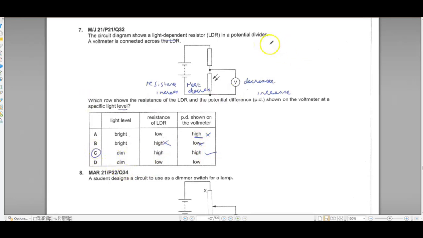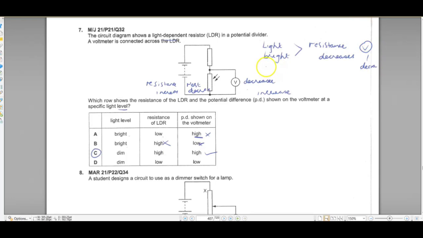In an LDR there is a simple principle that when the light is bright, the resistance decreases, and the voltmeter reading is also going to show a decrease.